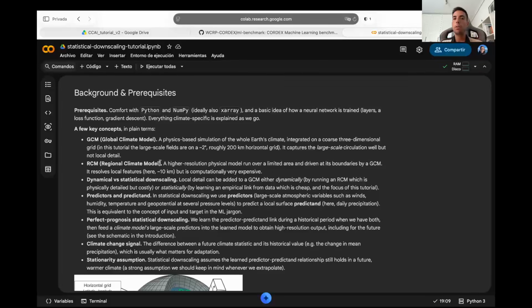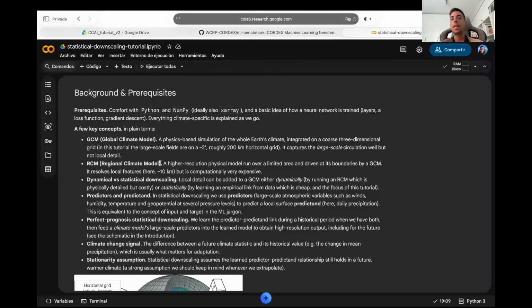Regional climate models, or RCMs, are the tools that we use within a specific branch of downscaling, which is dynamical downscaling. This is a physics-based model, but instead of running on the whole planet as a GCM, it only runs in a specific region. So we can increase the resolution in that region and as a consequence get high resolution simulations in that region.